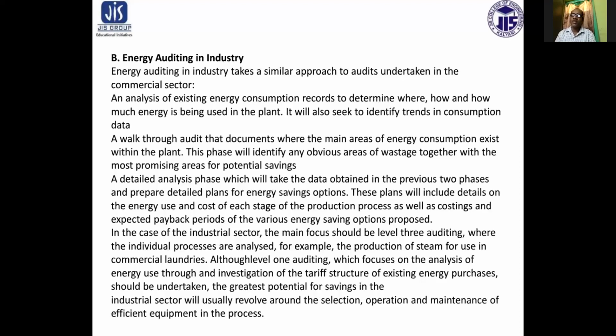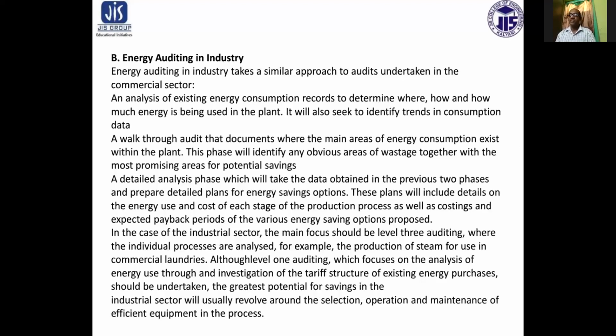For example, the production of steam for use in commercial laundries. Although level 1 auditing, which focuses on analysis of energy use through an investigation of the tariff structure of existing energy purchases, should be undertaken.